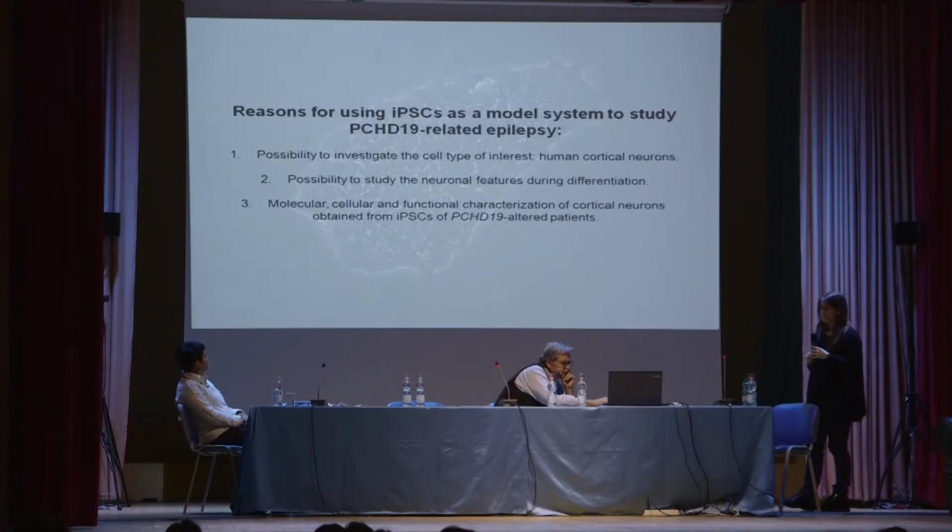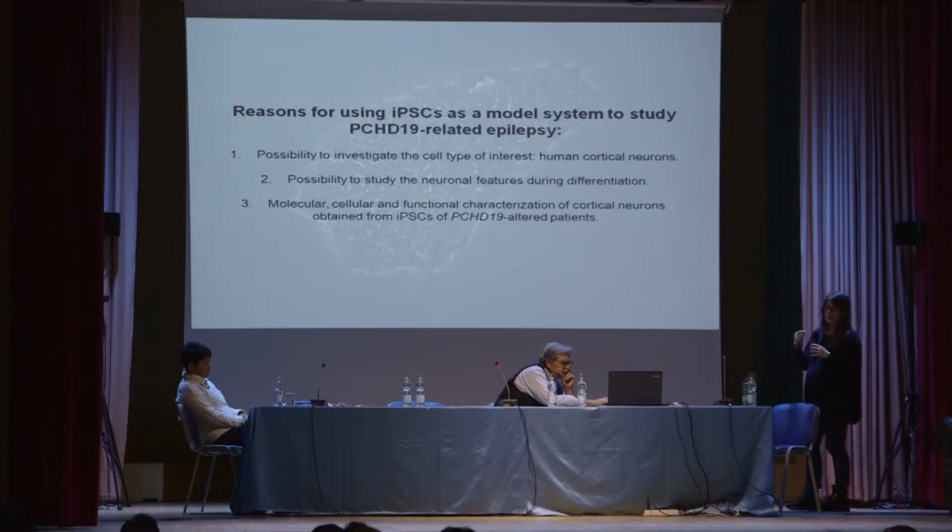The reasons why it is important to study the role of PCDH19 in this cellular model have already emerged from the previous presentations and contributions, but here we have three main reasons listed.